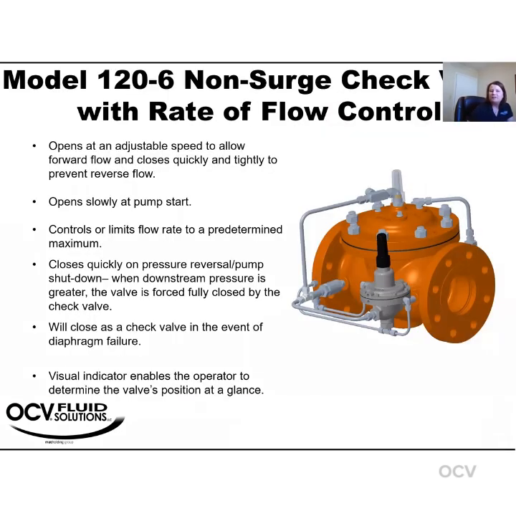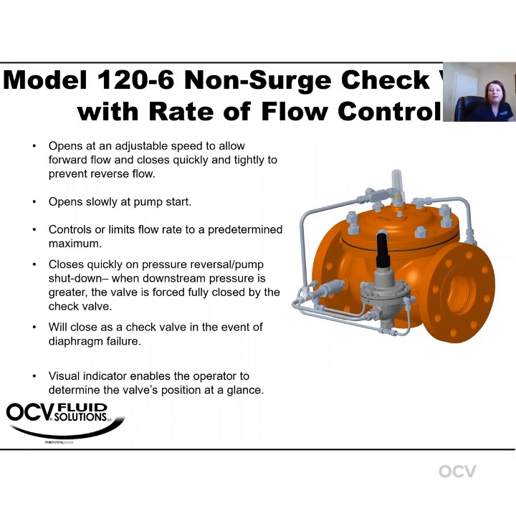The first I have here is the Model 120-6, a non-surge check valve with rate of flow. This is a pilot operated valve, hydraulically operated, and it is going to open at a controlled flow rate and close quickly on any reverse flow.